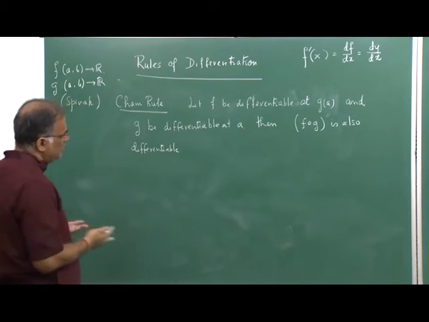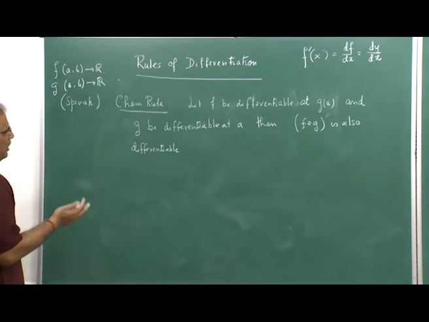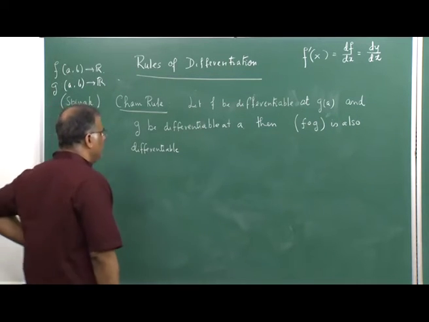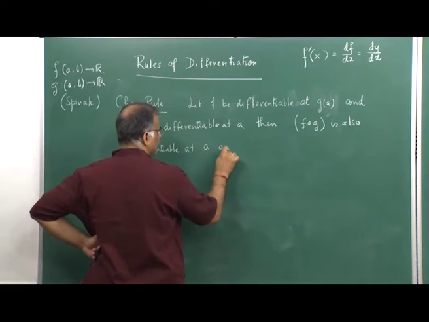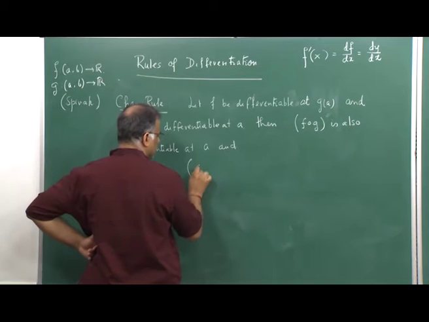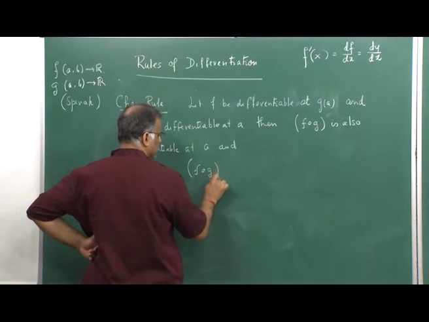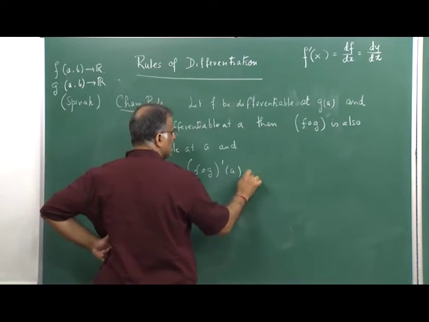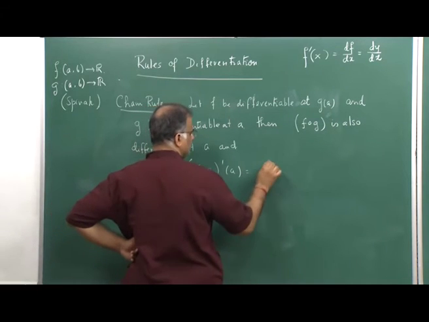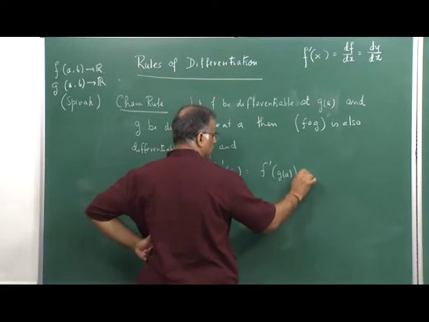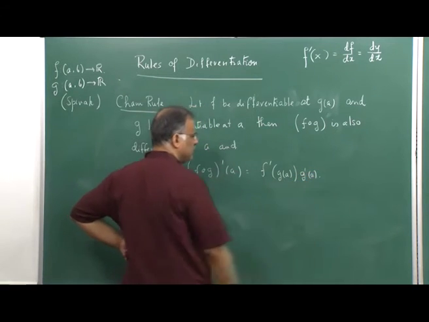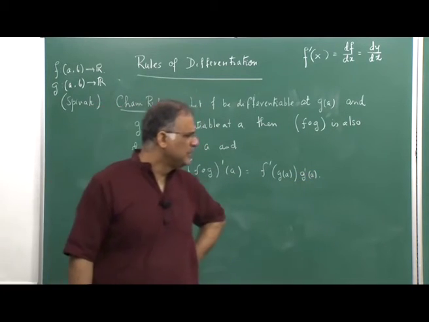You can do it over any open interval or the whole R, does not matter. And this is what you will have. That is exactly the same thing that I am going to repeat here: f dash evaluated at g(a) times g dash a.